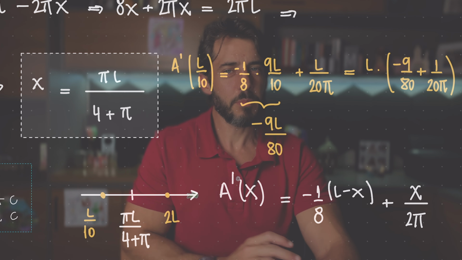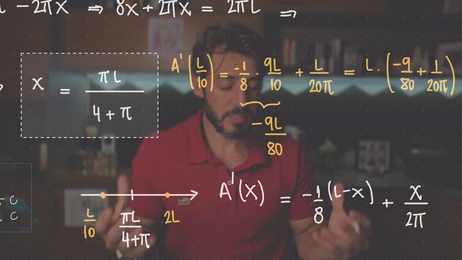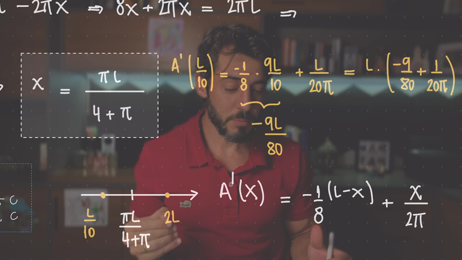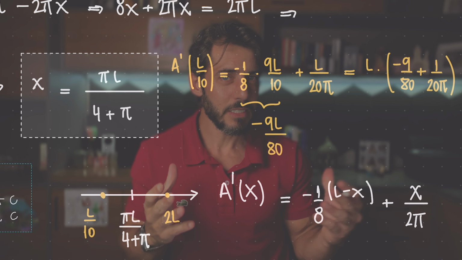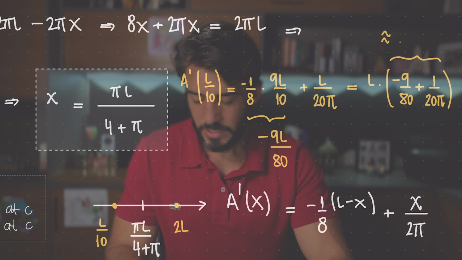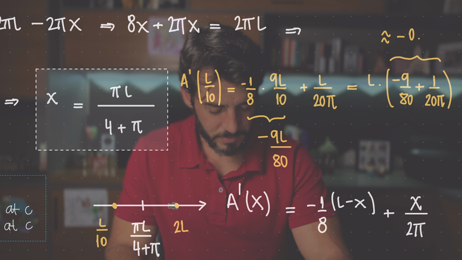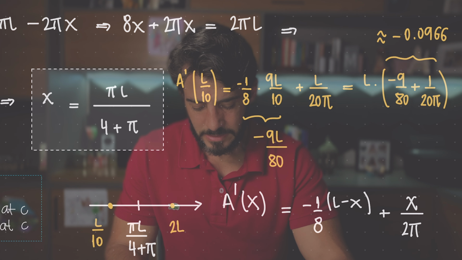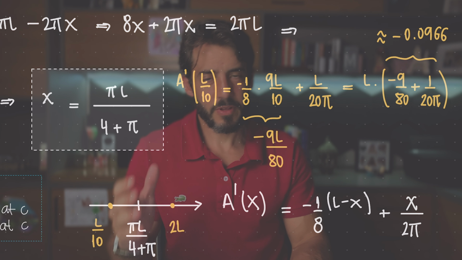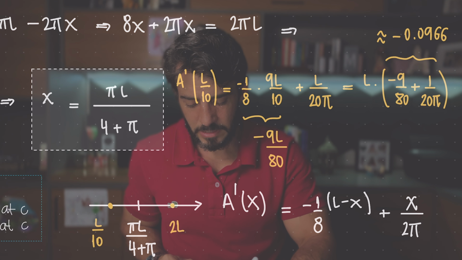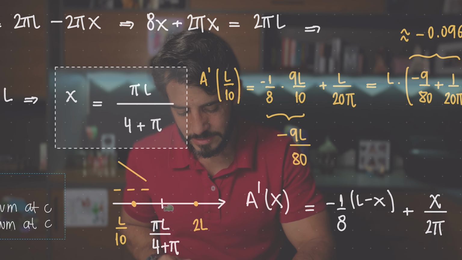Now, L is a positive constant. We just need to ask ourselves whether -9 over 80 plus 1 over 20 pi is positive or negative. Now, given that this is approximately -0.0966, A prime of L over 10 is negative, which means that the function is decreasing in this interval right here.